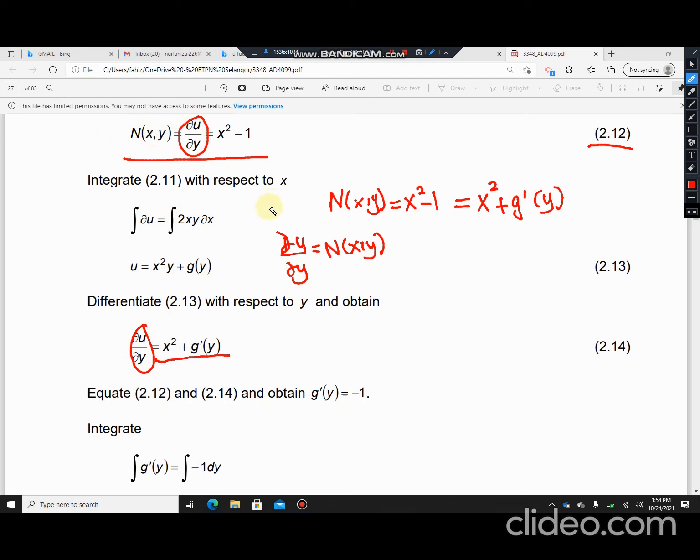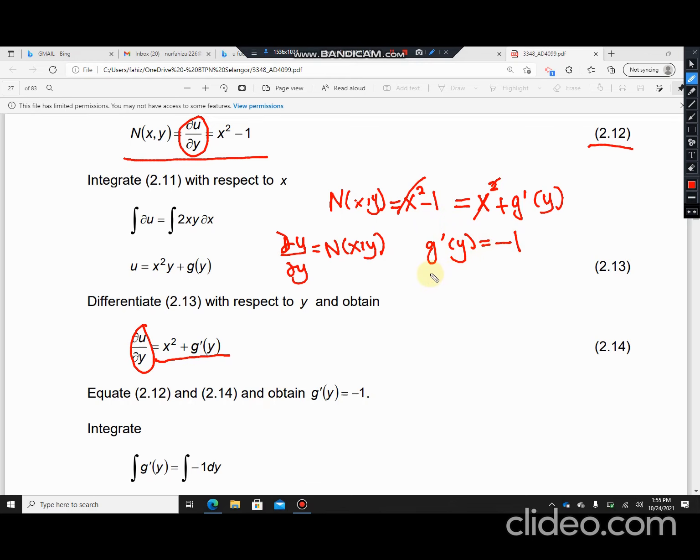Okay, so since N(x,y) is x square minus 1 and then ∂u/∂y is x square plus g prime y, kita compare kat sini x square sama x square. So it means that g prime y equals to negative 1. Dia boleh identify what is your g prime y.